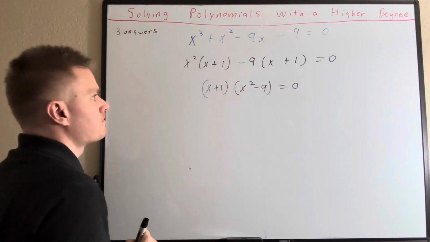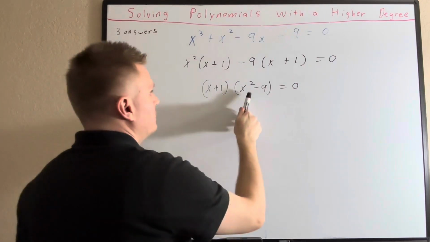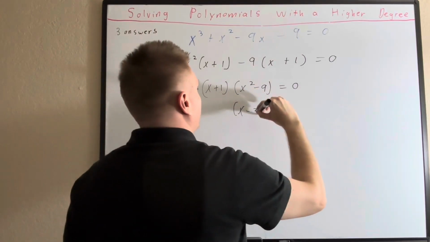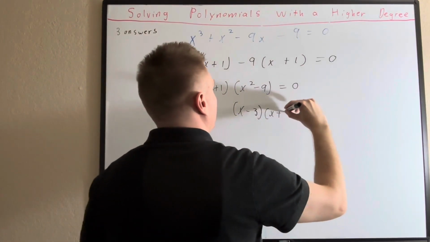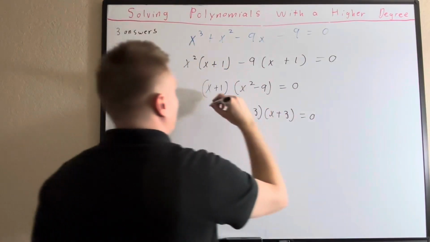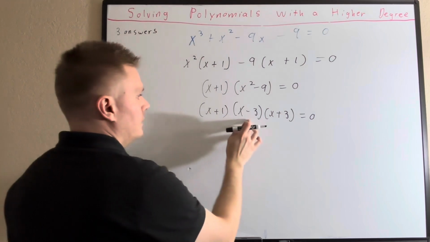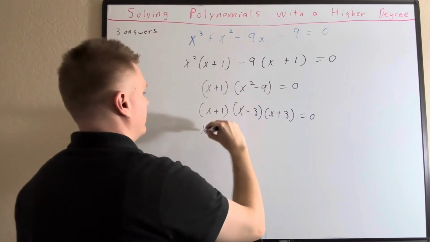All right. Can we factor any more? Absolutely. Difference of perfect squares, right? X minus 3 times x plus 3. And don't forget to bring down this x plus 1. And I think we have all 3 of our answers here.